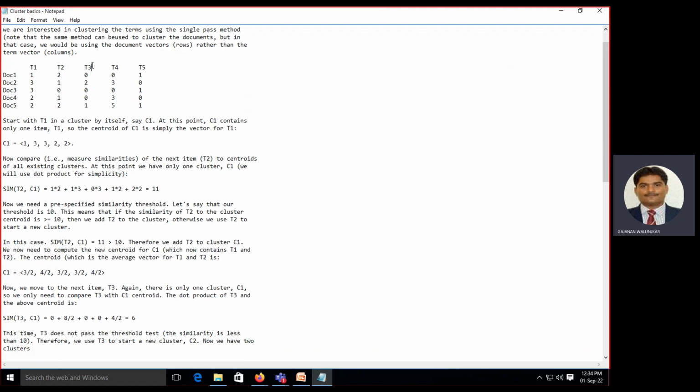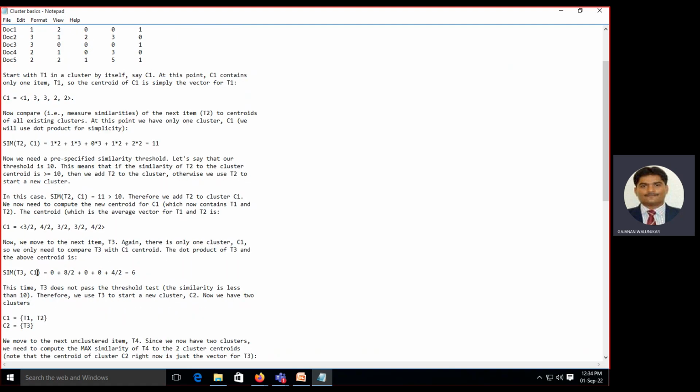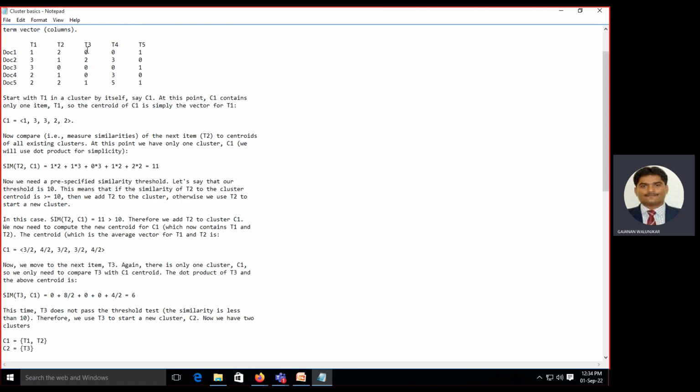Next, consider term T3 and compare it with the centroid of cluster C1, because only one cluster C1 is available right now, with 2 terms. Here you have to consider this particular T3 value 0, 2, 0, 0, and take the dot product with the updated values of the centroid.